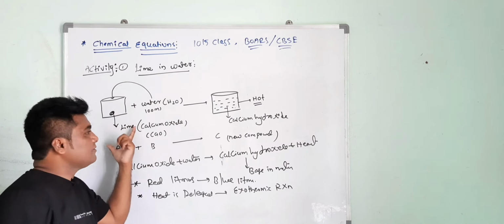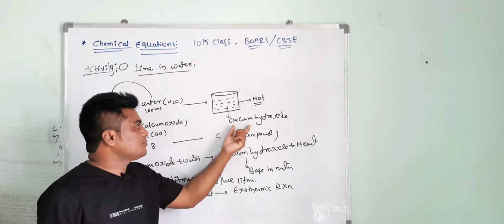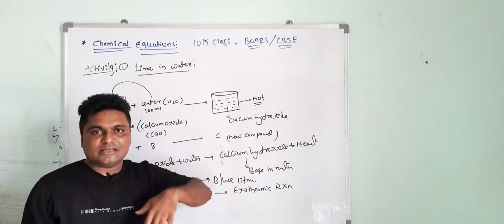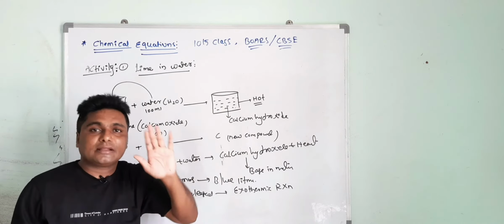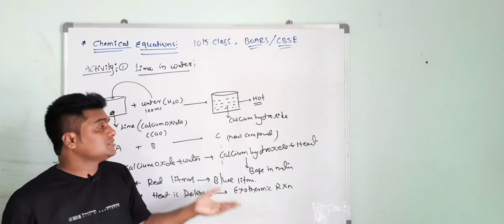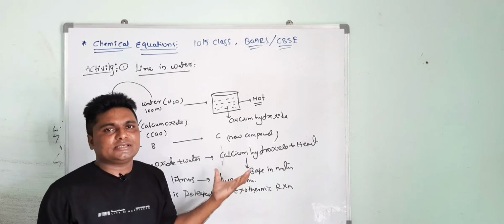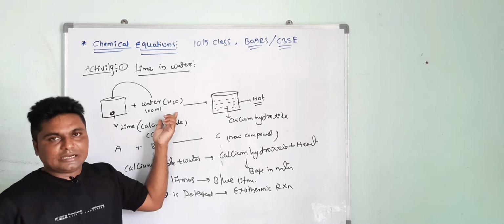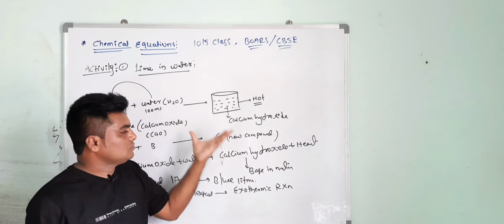But when it reacts with calcium oxide, a chemical reaction takes place and a new substance, calcium hydroxide, is formed, which is basic in nature. So the red litmus paper is converted into blue litmus paper. It means the product has different chemical properties compared to the original water molecule. Understood? So this is one example of a chemical change.